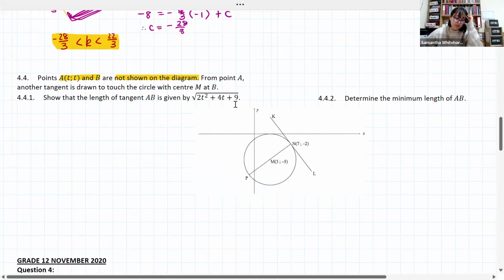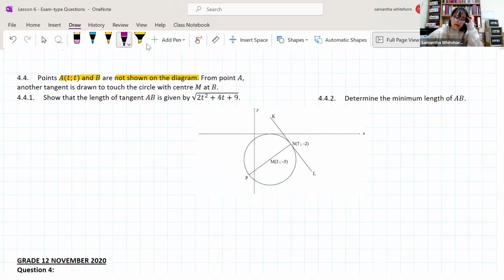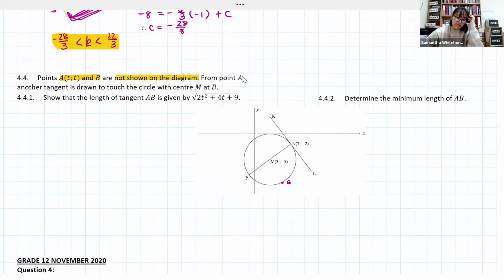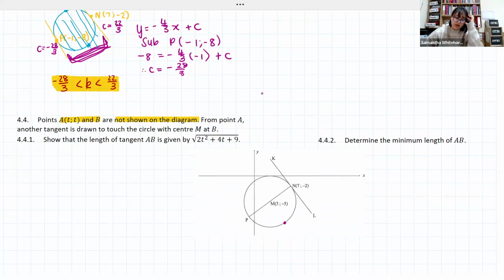So I haven't shown you points A and B, but I have said that from point A, another tangent is drawn to touch the circle with center M at B. So for example, what that might mean is that we've got point B over here. Now remember, B could be anywhere. I'm just making this up.